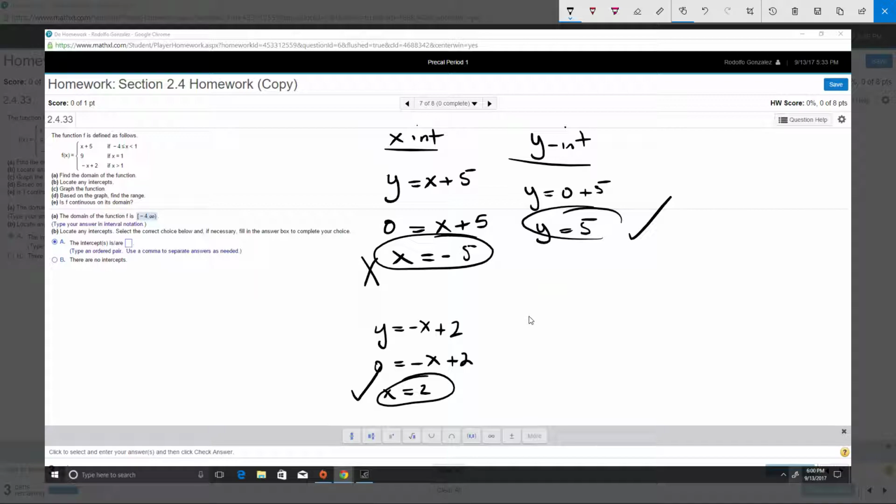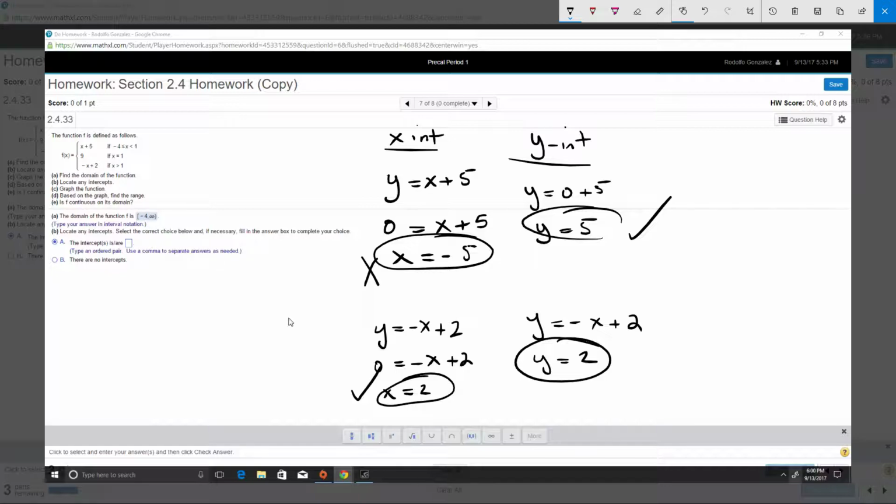And then for the y-intercept, we also have to do it as well, just to be sure. So we'll do y equals negative x plus 2, and then we plug in 0 for x, so y equals 2, right? Same thing here though, we have to double check to make sure 0 for x is in our domain.